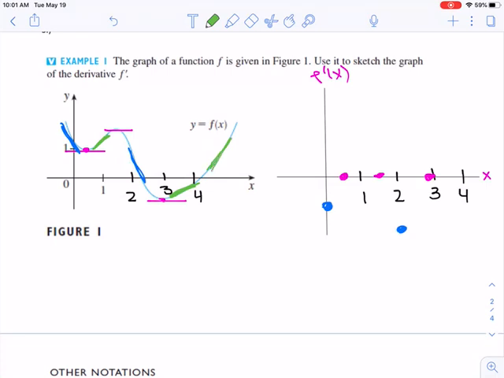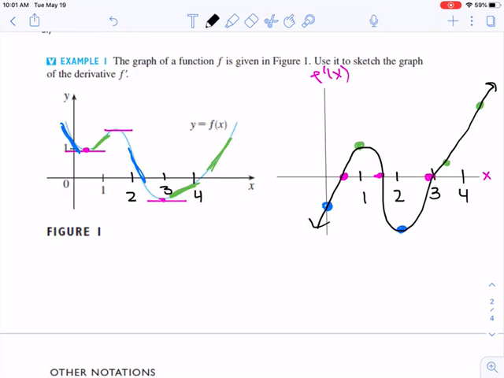So when my x coordinate is 1, it looks like my slope was maybe a 1. In between 3 and 4, it looks like it was maybe 1/2. After 4, it looks like it was up at 2. So once I have these in, I can go ahead and connect the dots and get an idea of what my derivative would look like.